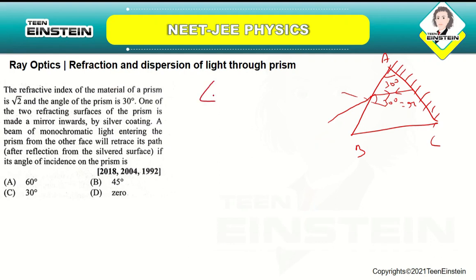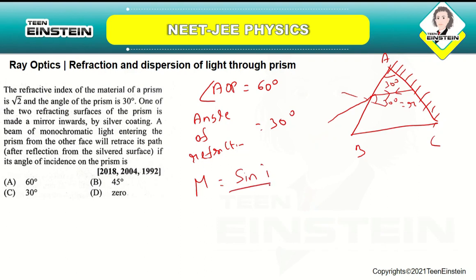So, angle AOP will be equivalent to 60 degrees and angle of refraction will be 30 degrees. So, making use of the Snell's formula, mu is equal to sin i by sin r, or sin i is equal to mu into sin r. So, which is equal to root 2, because they are given the refractive index as root 2, into angle of refraction is 30 degrees.